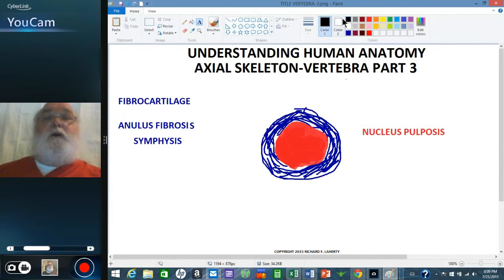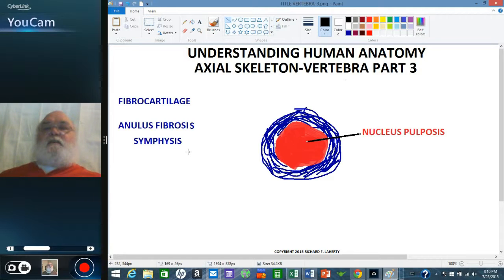And the Nucleus Pulposus serves as a shock absorber for the intervertebral disc. It's soft. It can be slightly compressed and is relatively fluid. It's consistency of, say, soft jello.